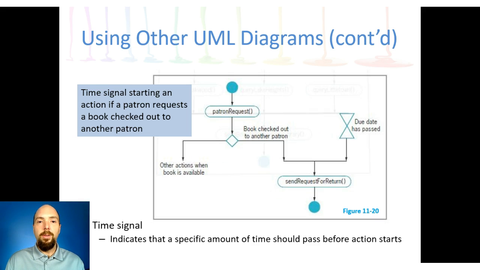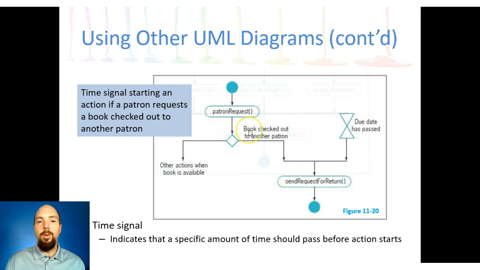We also have things where we will try to perform functions based on time. All right, so in this case, we have the patron requests a book. Our options are going to be that the book isn't available right now. All right, so we're going to perform some actions when it becomes available. Or somebody else checked out the book.